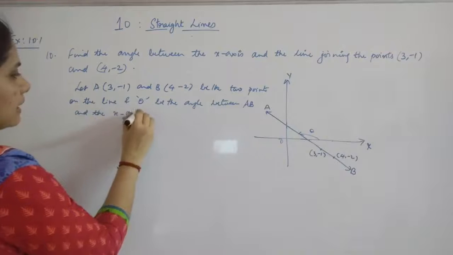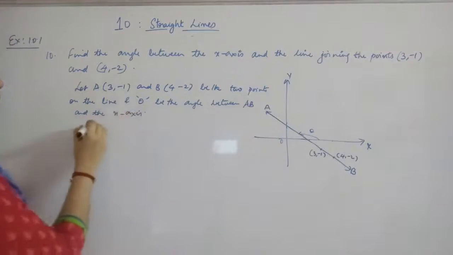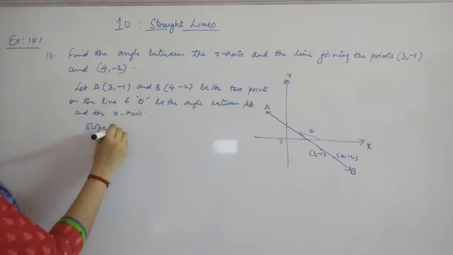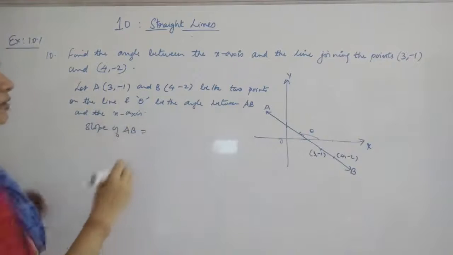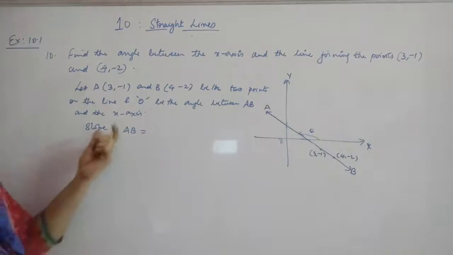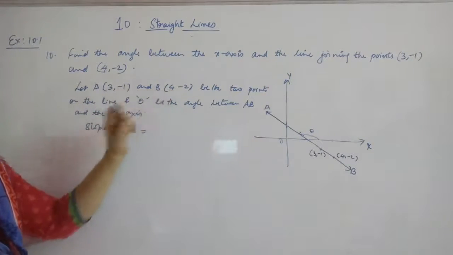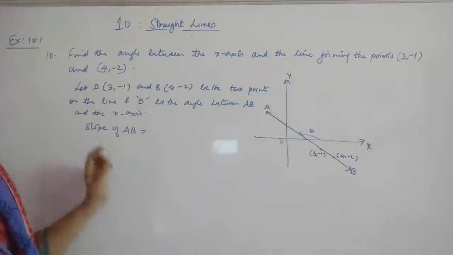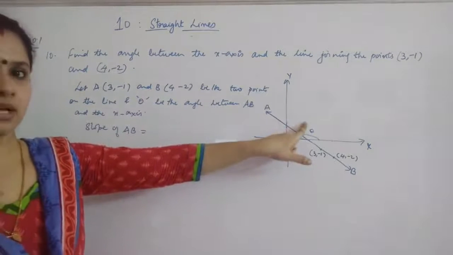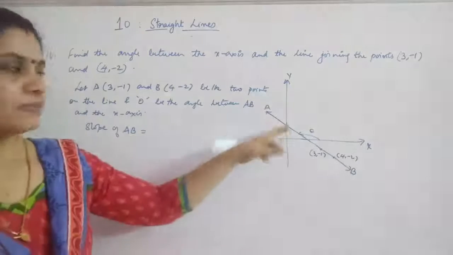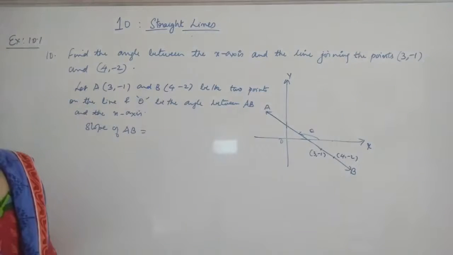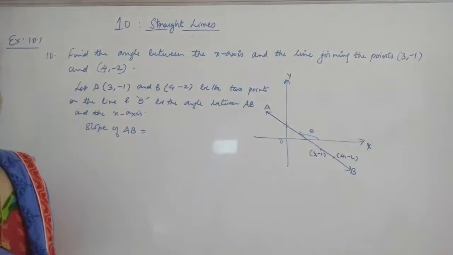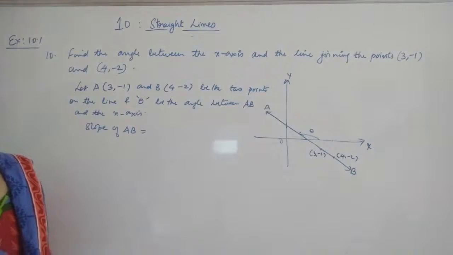So this much we are taking. Now we will find out what is the slope of AB. If we get the slope of AB using these 2 points, that will be the same as the slope when theta is given as tan theta. Tan theta is the slope of the line, and you can find it out using y2 minus y1 by x2 minus x1 also, and we will equate them to find out what is theta.